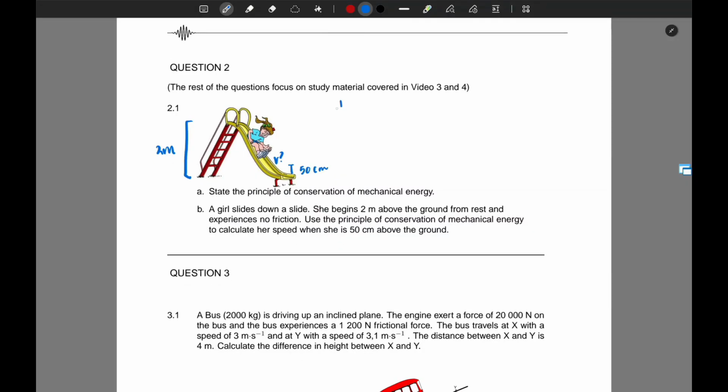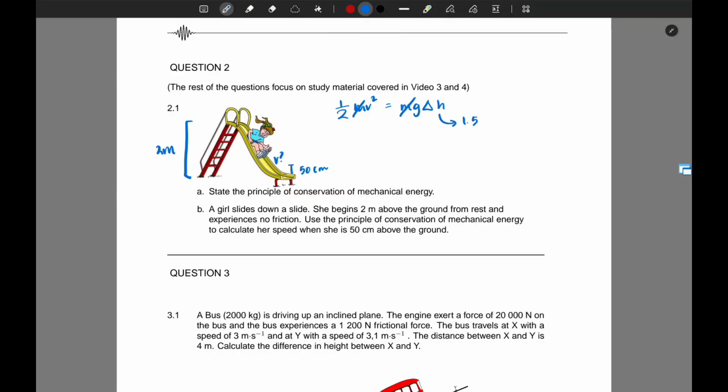So half m v squared is equal to, from the data booklet, mass times gravity times change in height. This is the change in potential energy from the data booklet, and this is kinetic energy, again from the data booklet. What you'll see here is that the masses cancel out. And then we already know what the change in height is, which is 1.5 meters.